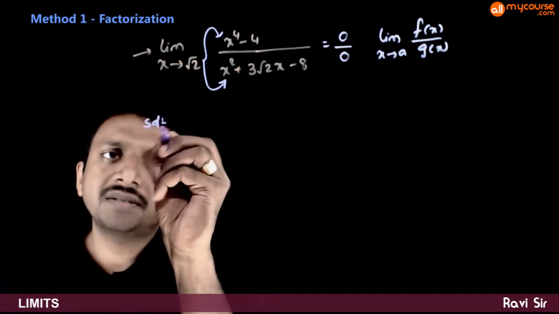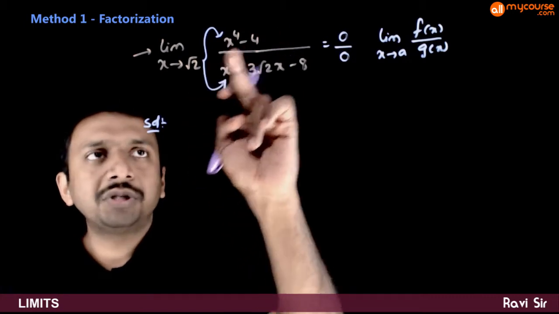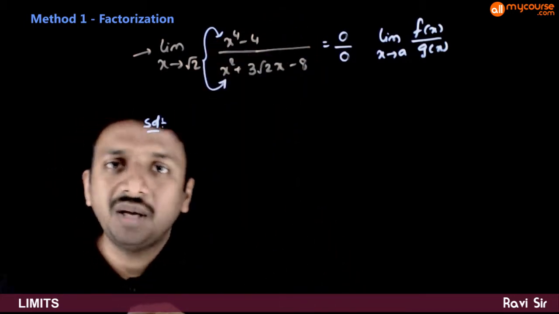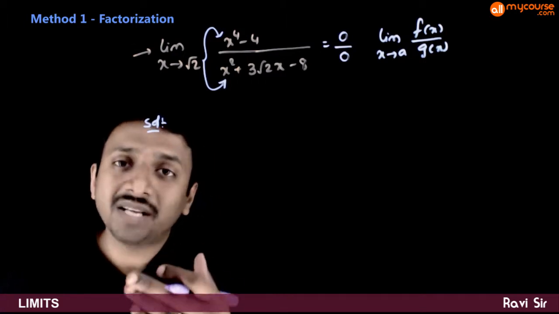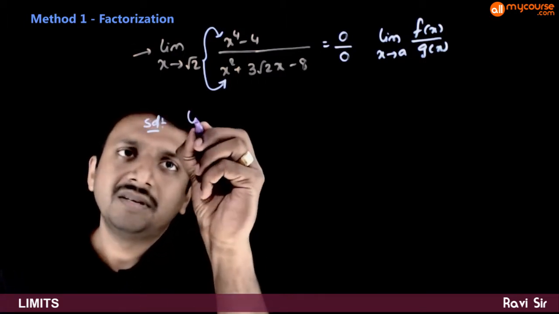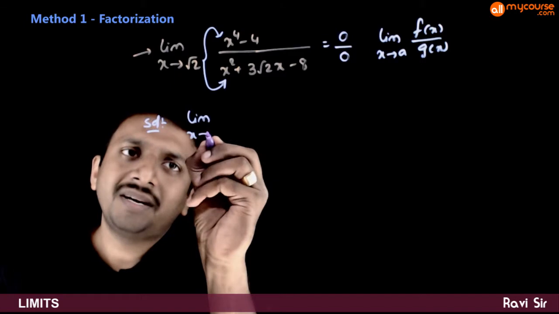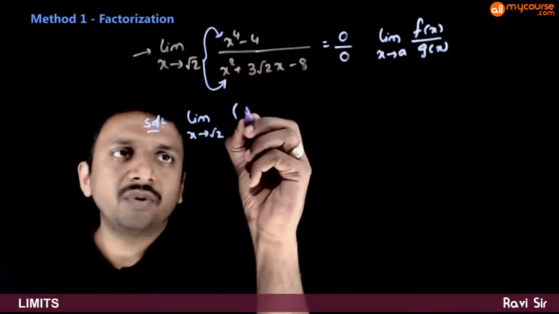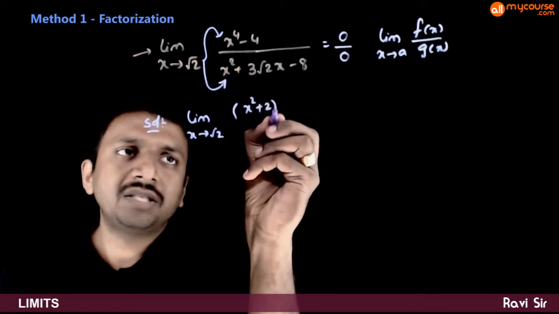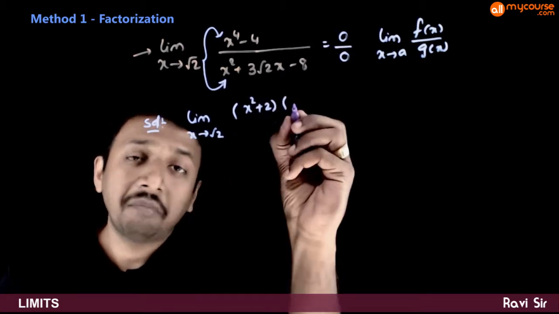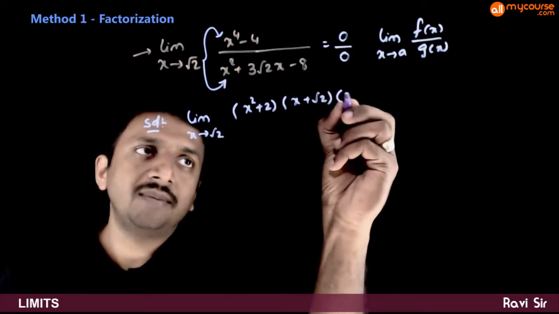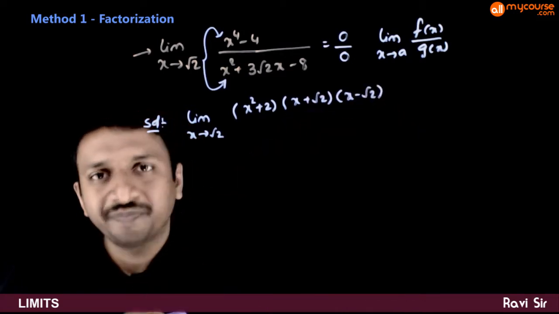So how do we do this? On substitution of x is equal to root 2, this has become equal to 0. Hence x minus root 2 is a factor. So if you can directly separate it, that will be very good. So we know that x power 4 minus 4 is (x square plus 2) into (x square minus 2), and x square minus 2 is (x plus root 2) times (x minus root 2).